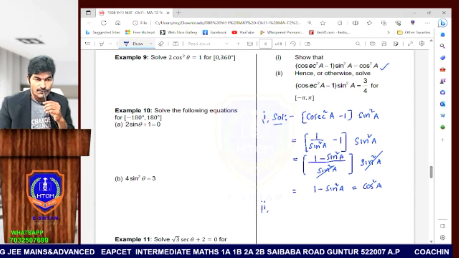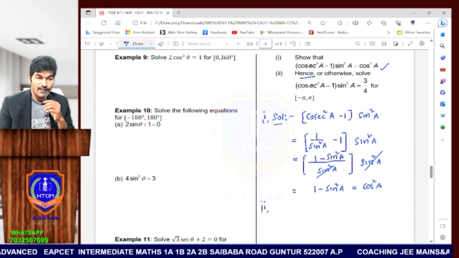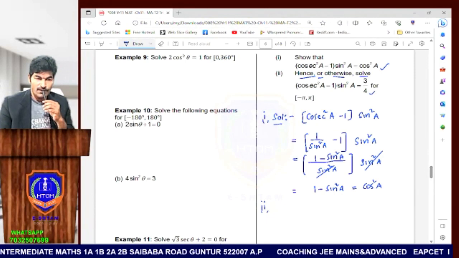You have to show this. Hence means using that result, that means what we already proved. We already proved this is cos square A. Using that result, or otherwise, solve this one and it should be equal to 3 by 4.